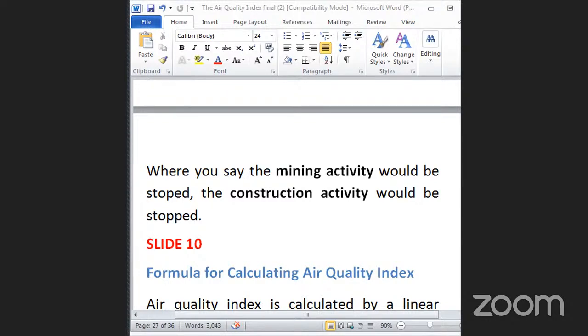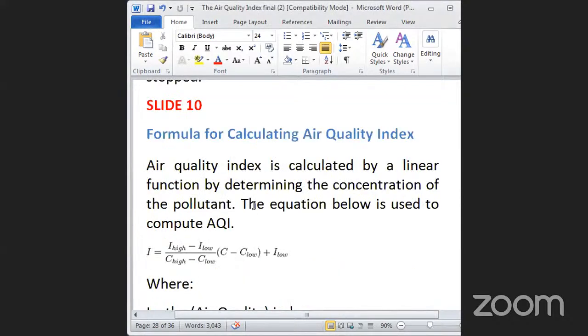So you see, this is the formula for calculating the air quality index. The air quality index is calculated by a linear function by determining the concentration of the pollutant. So the equation you see here is used to compute the air quality index, right?